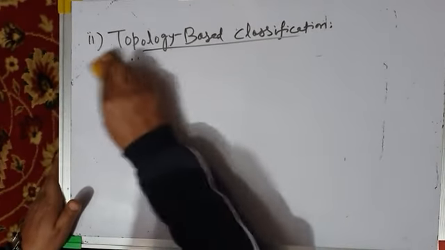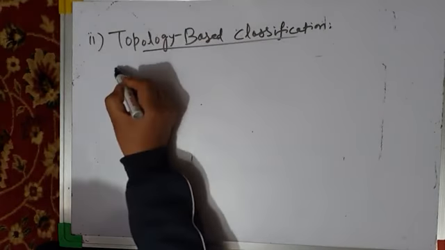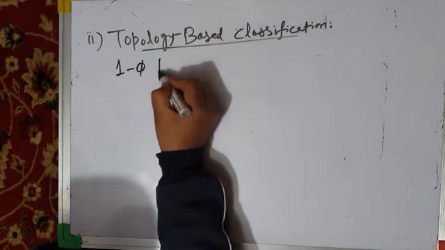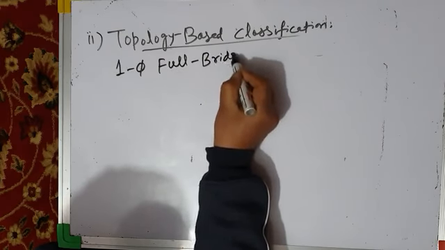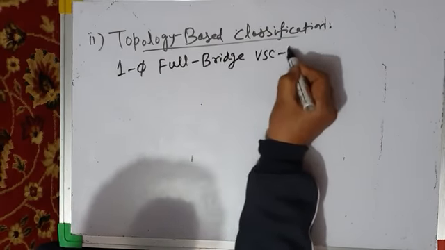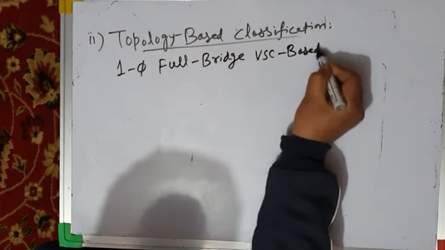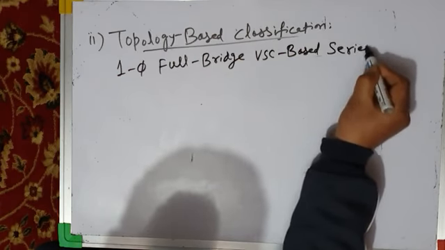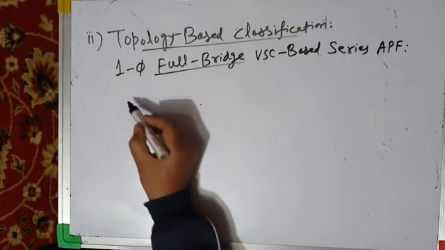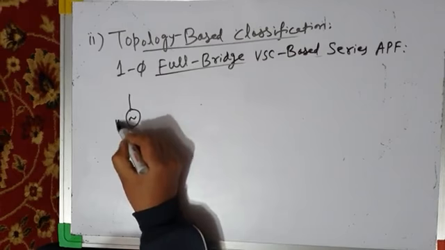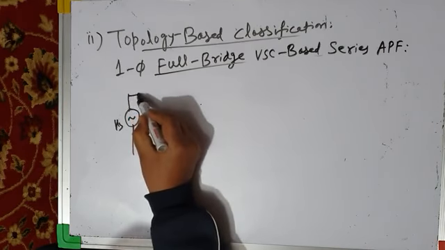What about full bridge? The second topology is the single phase full bridge VSC based series active power filter, and it looks like this. This is your single phase source voltage VS, which is distorted.